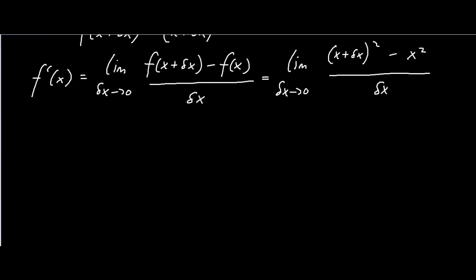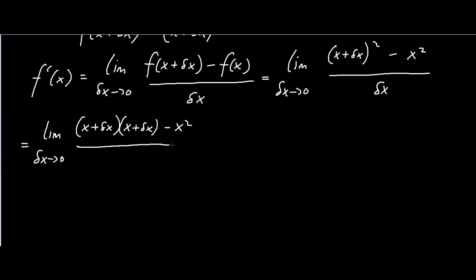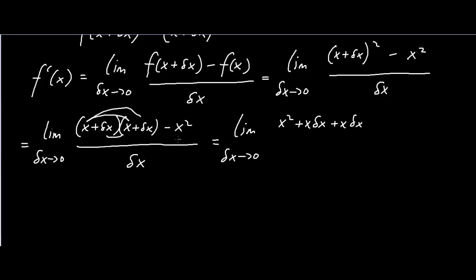And if we simplify this fraction, we get the limit as change in x approaches 0 of (x plus change in x) multiplied by (x plus change in x) minus x squared over change in x, which would equal the limit as change in x approaches 0 of x squared plus x multiplied by change in x plus x multiplied by change in x plus change in x squared minus x squared over change in x.